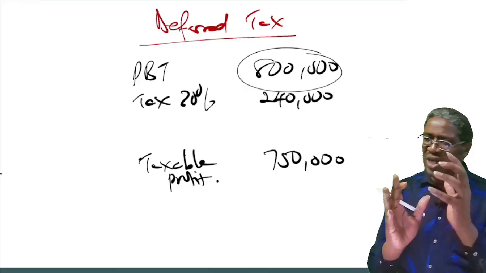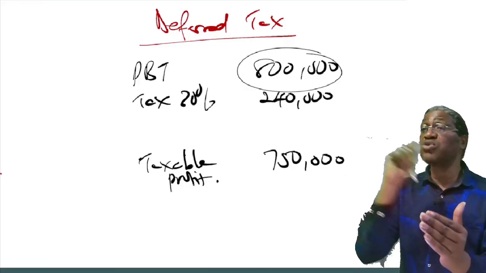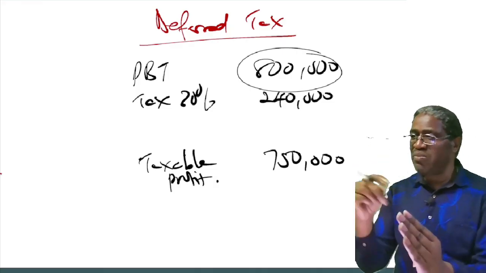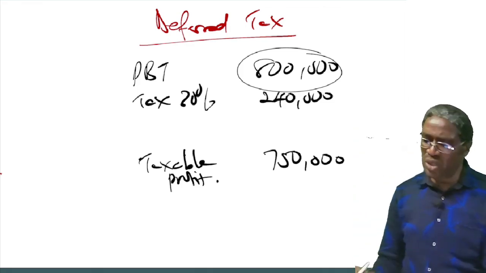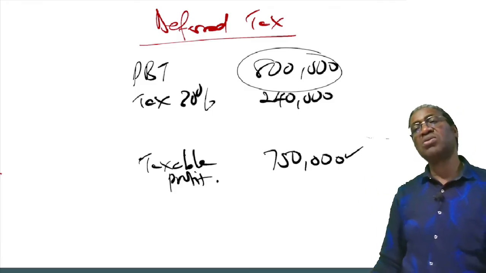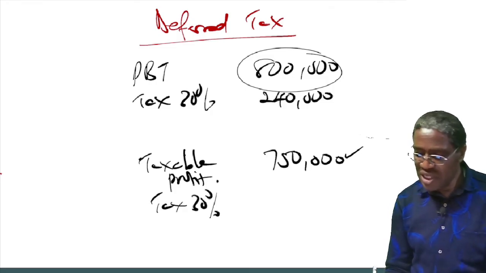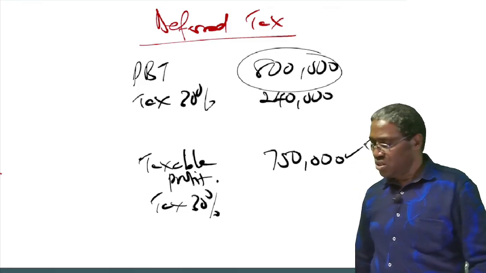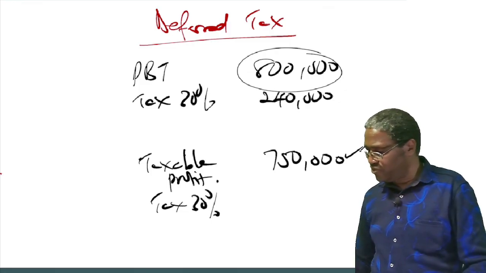But he will look at your income statement and say, this should not have been part of your income according to their rules, not according to your rule. Your rule is supposed to be there, but according to them, maybe it should not be charged this year, it should be charged next year, and so on. So he computes a taxable profit, and he says, you are going to pay tax on 750. At 30%, he will require you to pay how much? Let me just do that for purpose of illustration. What is 30% of 750?